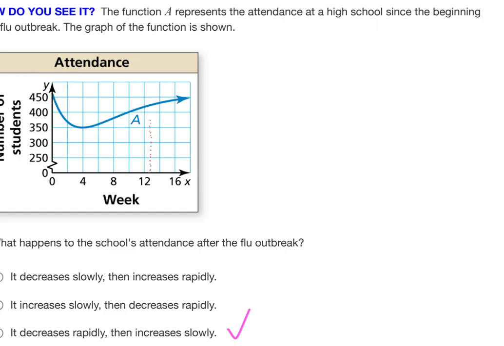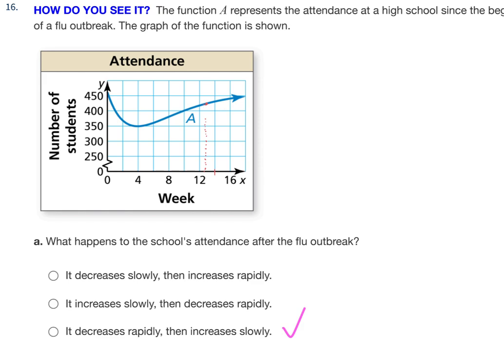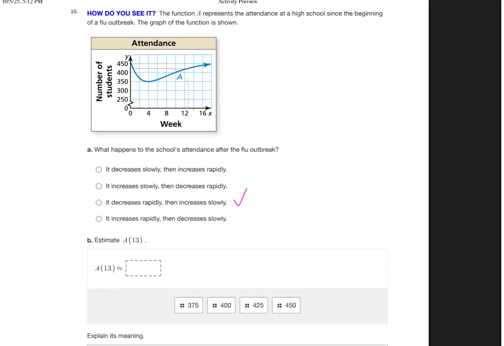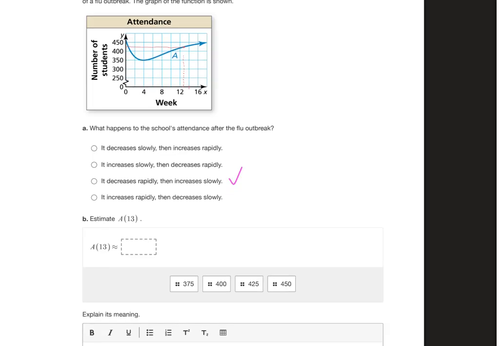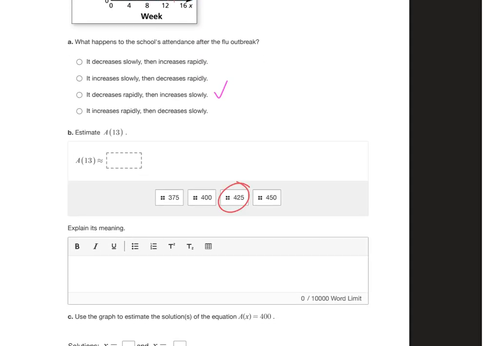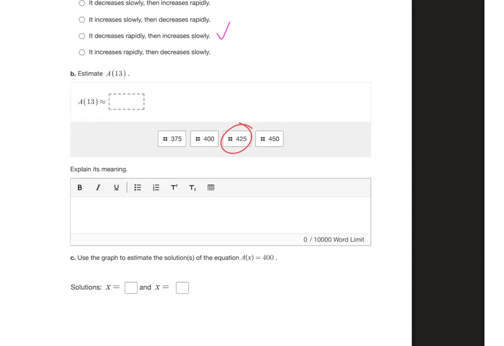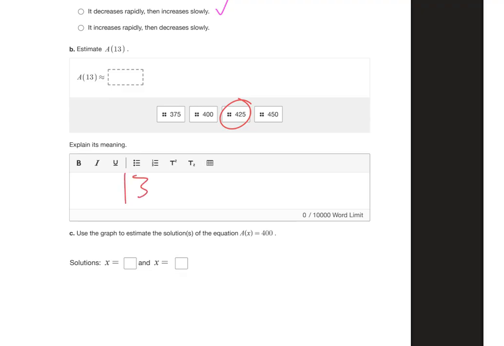The reason I did the dots there is because this is 14, and so 13 would be kind of in the middle. So right about there, that is about 425, and it gives us little choices. 425 works perfectly. The meaning of that is 13 weeks after the outbreak, the attendance is about up to 425 again.